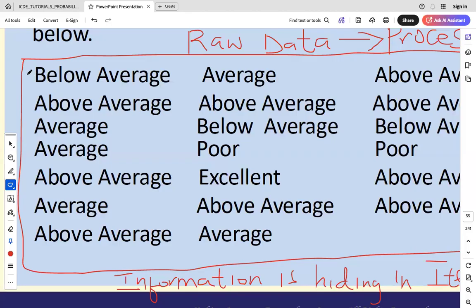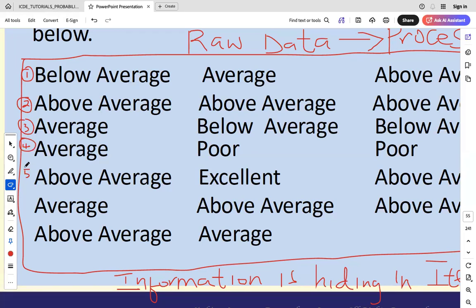So these are the ratings by the 20 guests. So it means that guest number 1 said the ratings were below average. Guest number 2 also said the ratings were above average. Guest number 3 said the rating is average. Guest number 4 said the rating is average.